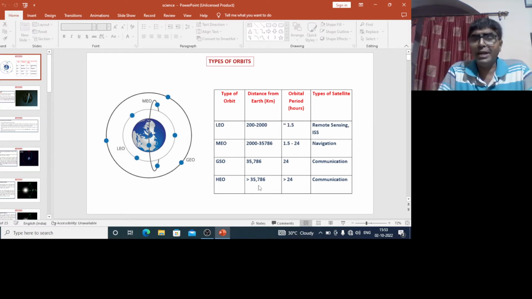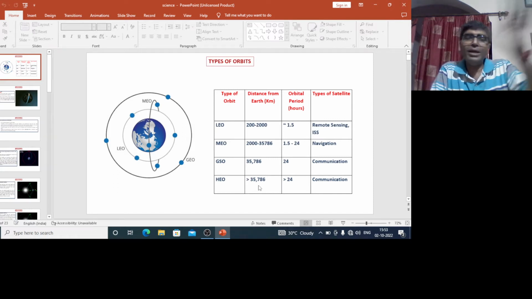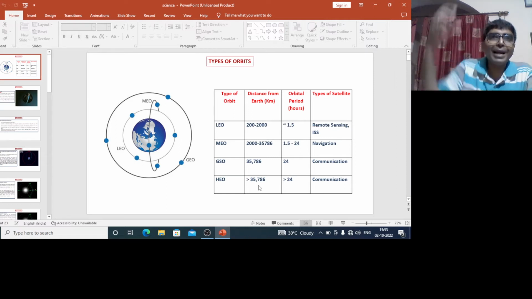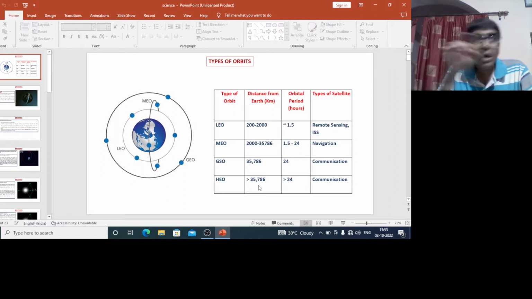Now the current missions, we have heard about the Aditya L1 mission. We know that this mission is for observing the sun's chromosphere, or the sun's corona. This spacecraft Aditya L1 will be put in a Lagrange point, which is L1, and it will be directly focusing on the sun.